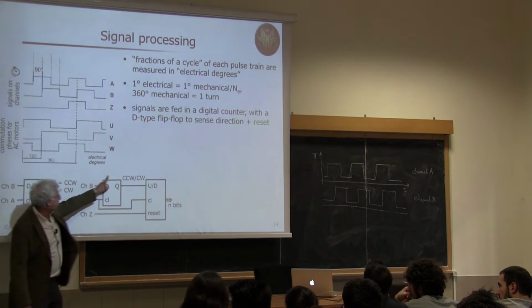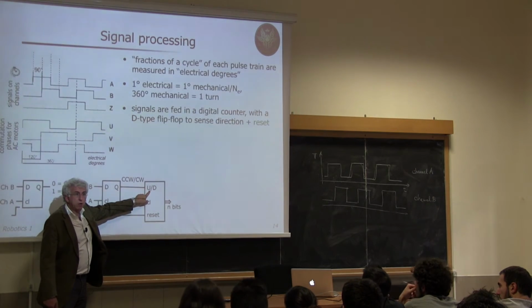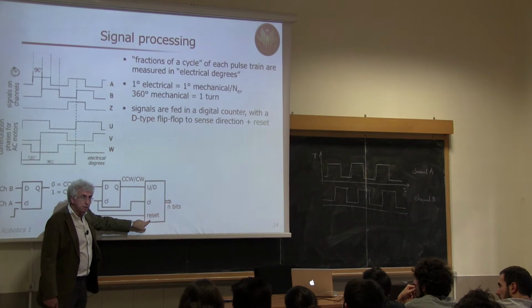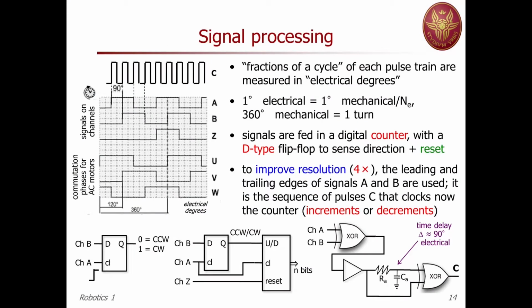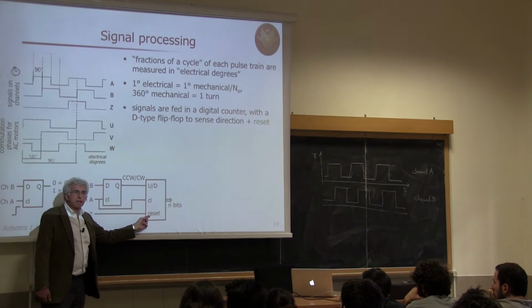So you use this flip-flop to drive the up and down input of a counter. You take one of the two channels, doesn't matter which one, channel A in this case, and this gives the clock to the counter. And the channel Z is the reset for this counter.